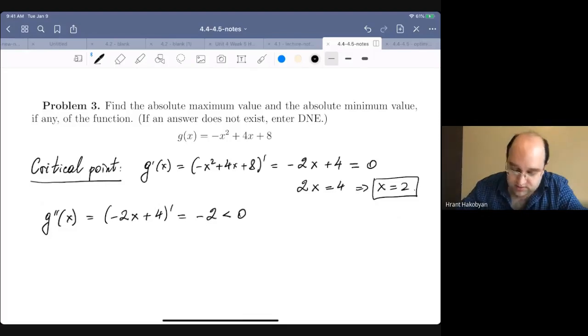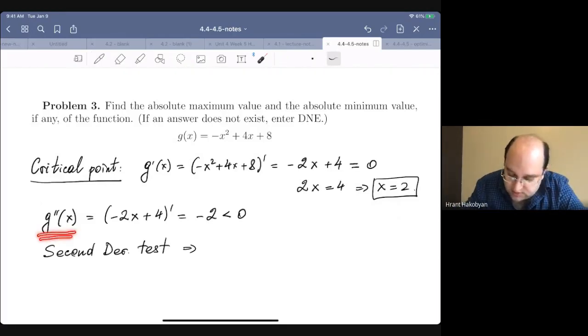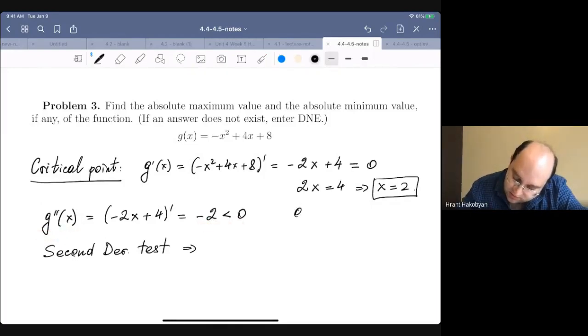So what does the second derivative test tell me? Actually, maybe I should say, in particular, because the second derivative at any point is a negative number, g double prime of 2, the second derivative at 2, which is equal to negative 2, is less than 0.